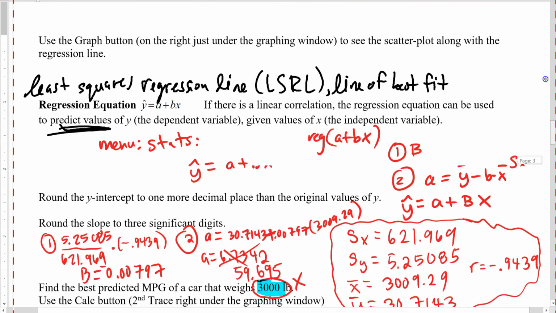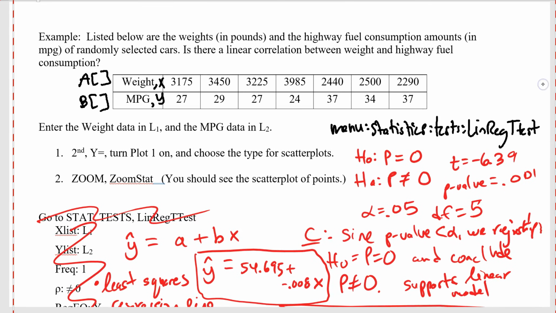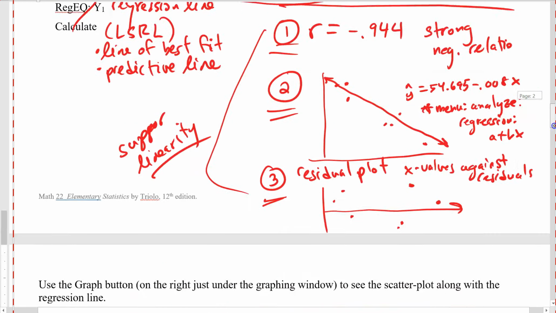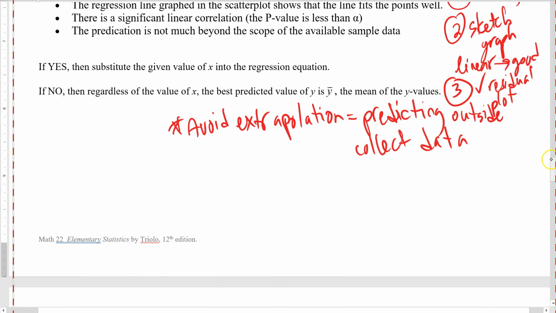Well, if I looked at my original data, we didn't have any cars that were 50 pounds. That's utterly ridiculous. You go, well, what would the miles per gallon be for a tank? That doesn't make any sense. This works for vehicles weighing between, it looks like about 2,000 to about the mid 3,000s. That's the data we collected. That's what we should predict between. Do not predict outside that data. That is called extrapolation.